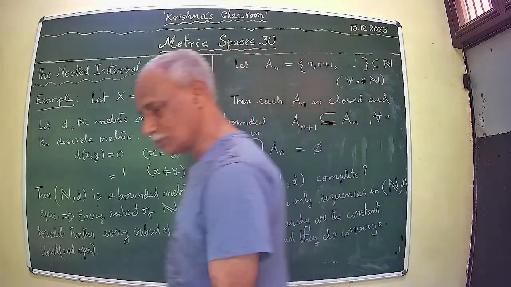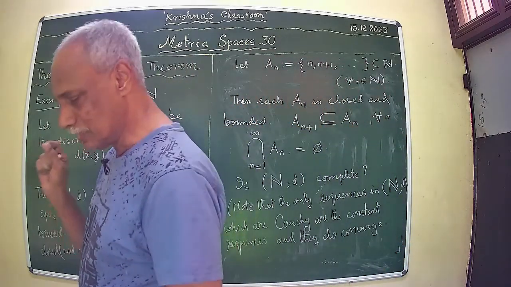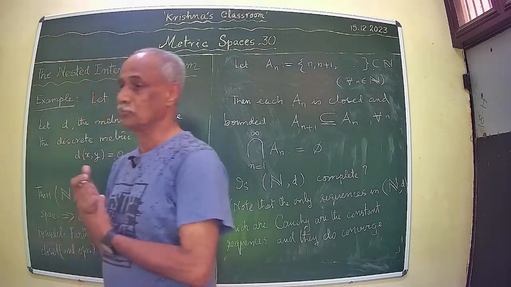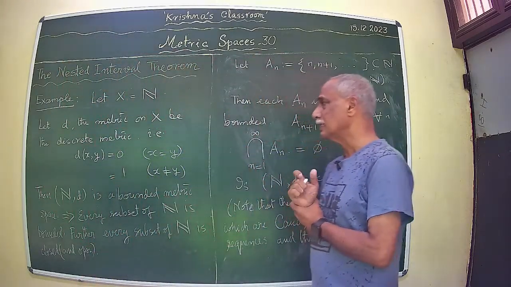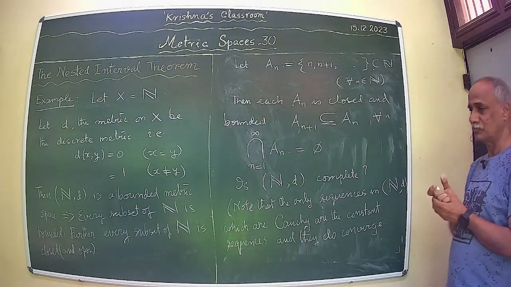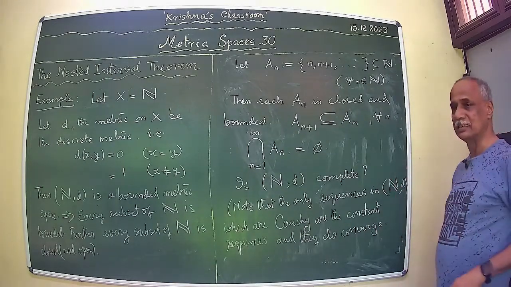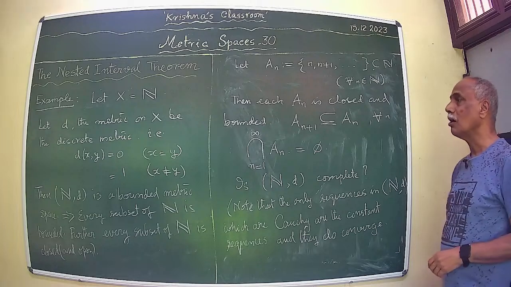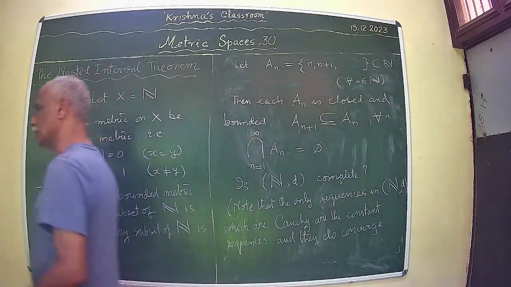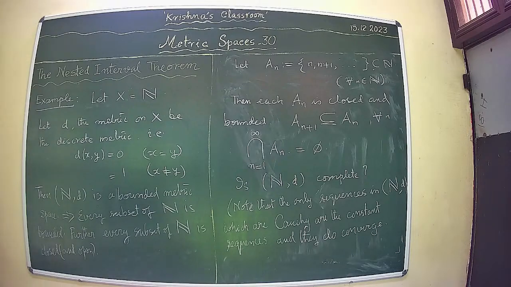So if we assume further that the diameter, which gives the maximum distance in that set An, goes to 0, then possibly we will get it.